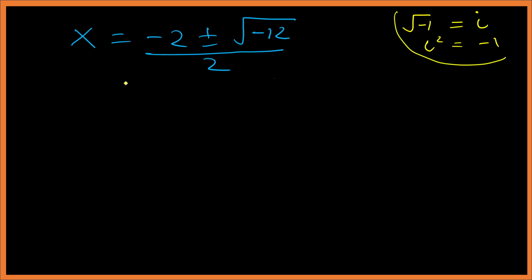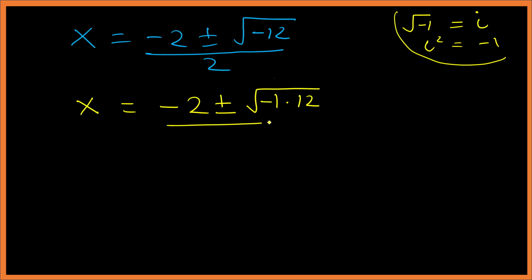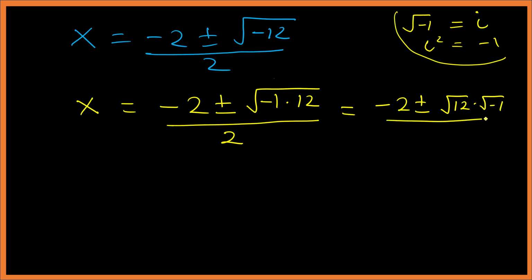So we can write this one as -2 plus or minus square root of -1 times 12 over 2, and it's the same as -2 plus or minus square root of 12 times square root of -1 over 2. Now remember, when we are given square root of a times b, it's the same as square root of a times square root of b.